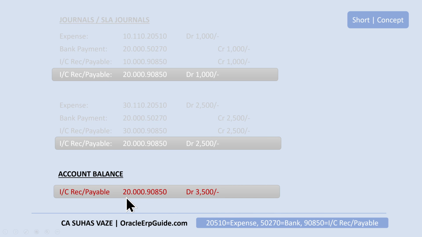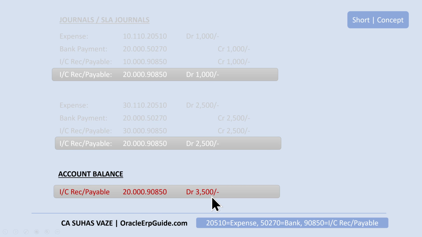Company 20 has an intercompany receivable amount, because it is a debit balance, of 3,500. But here we do not know this 3,500 is recoverable from which group companies. That is, the breakup of this balance is not available.